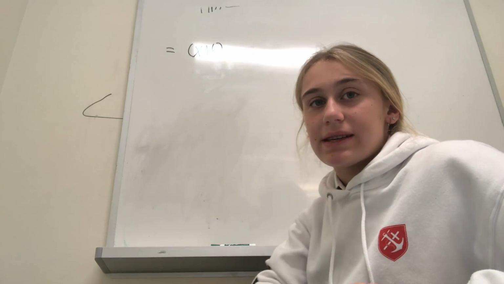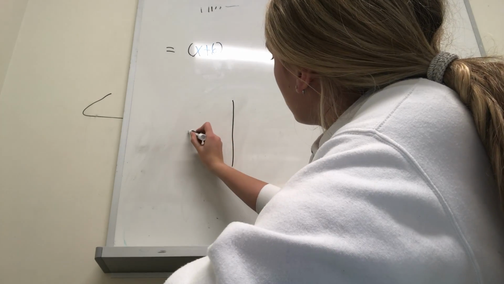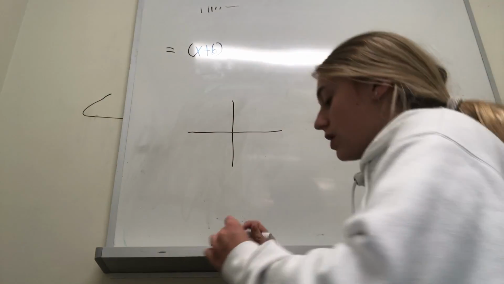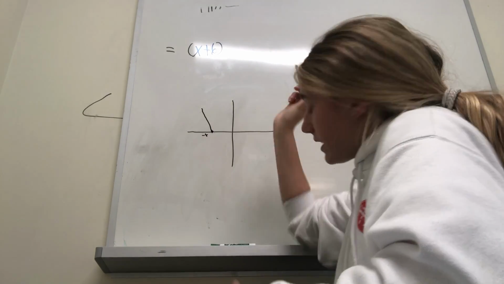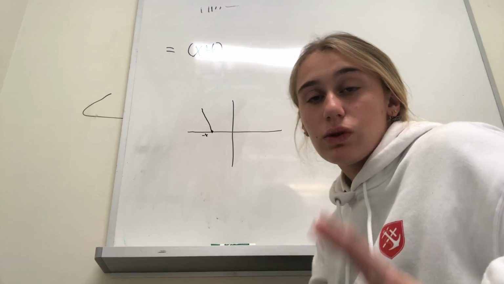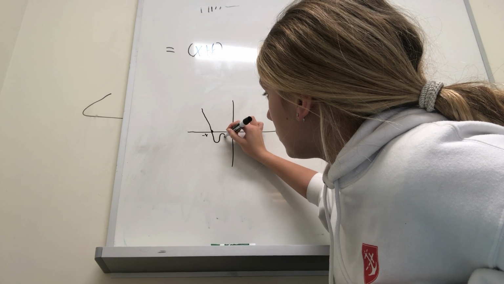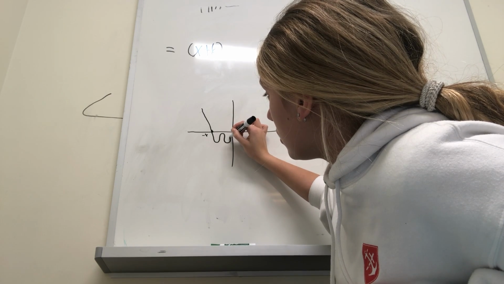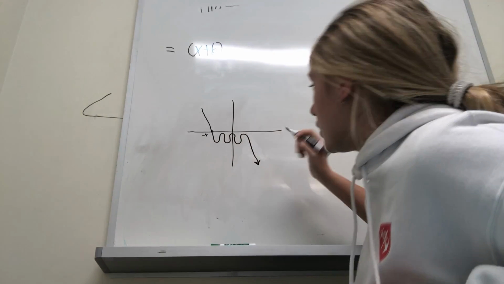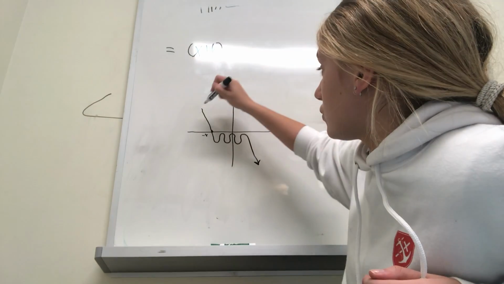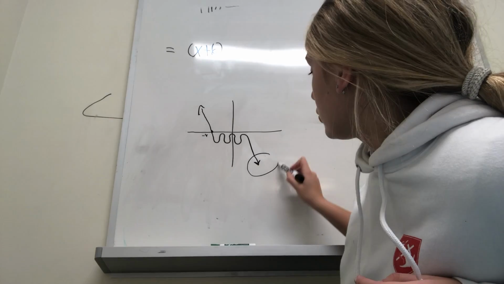So, P of x has exactly 6 turning points. We know that it goes down to negative 6, and it has 6 turning points, so we'll do a rough sketch of what that could look like. 1, 2, 3, 4, 5, 6. So if it has 6 turning points, the other half of the long run behavior will actually be here.